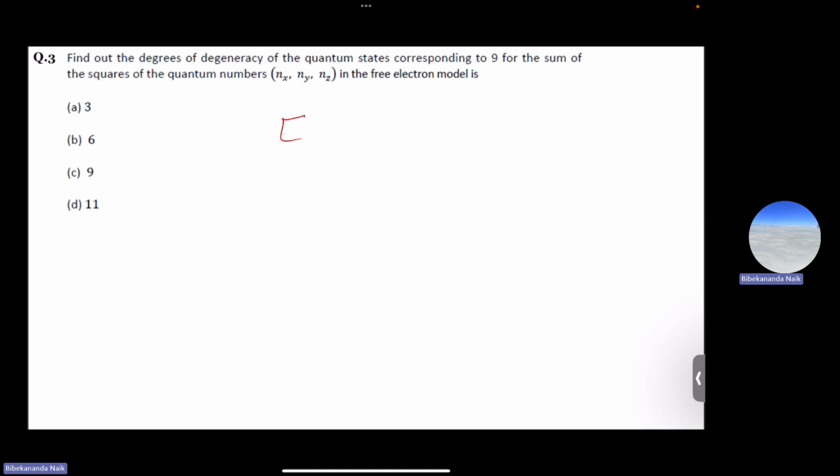So the energy is given by h square by 8 m a square into nx square plus ny square plus nz square. So the question says, what is the degeneracy for which the sum of the squares of quantum numbers nx, ny, nz is 9?